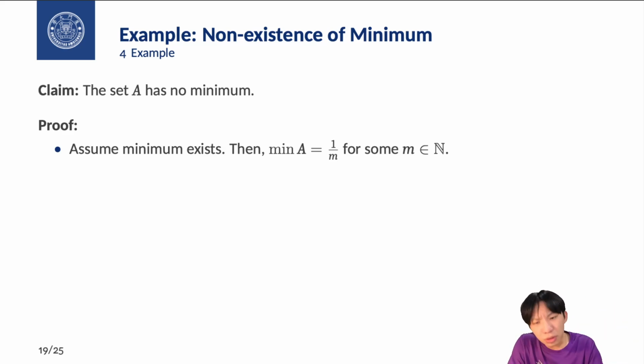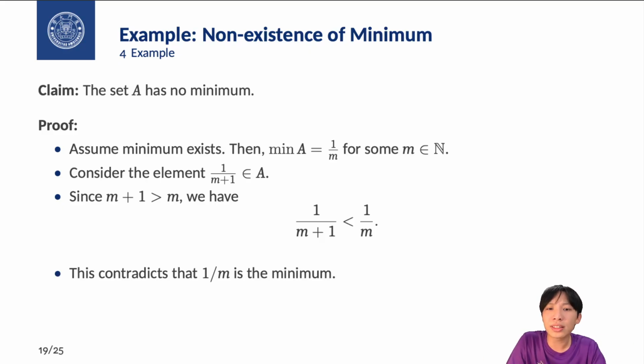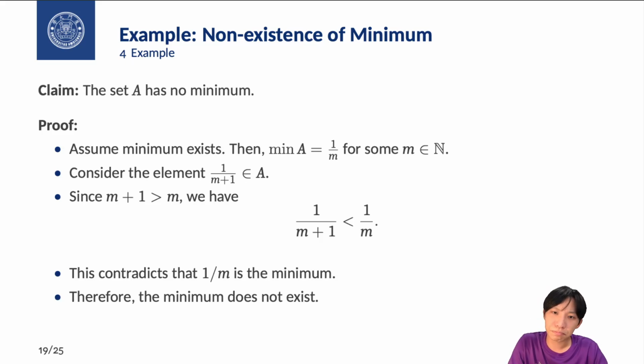But we notice that 1 over n plus 1 is also an element in the set, and it is strictly less than 1 over n. This contradicts the assumption that 1 over n is the minimum. Therefore, we know that the minimum does not exist.